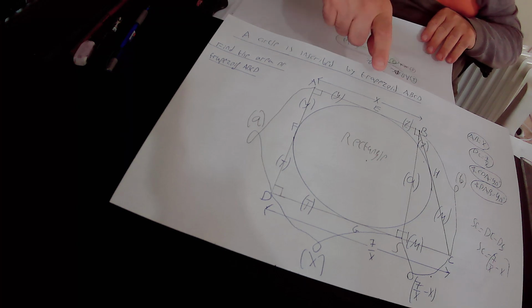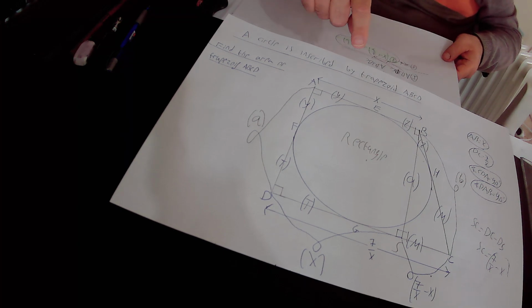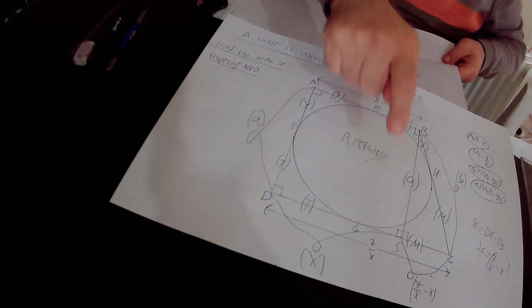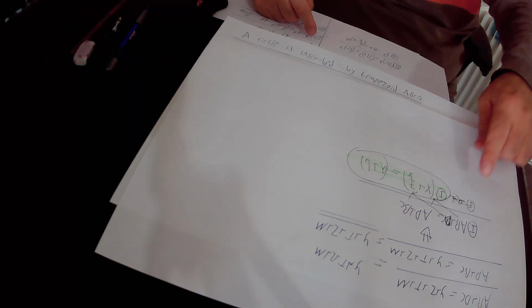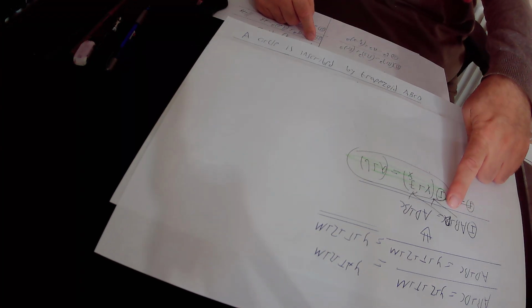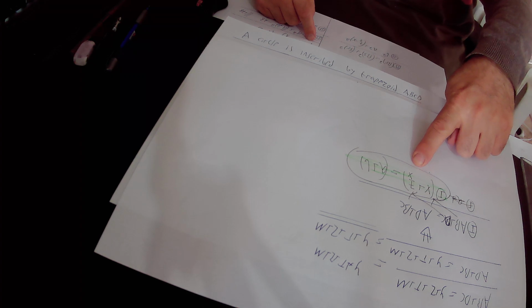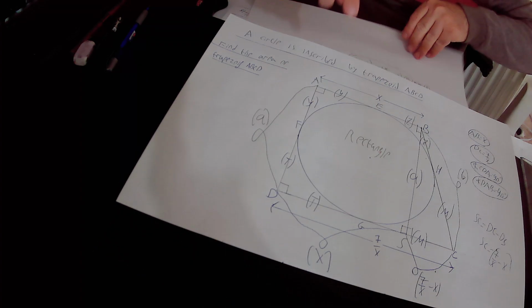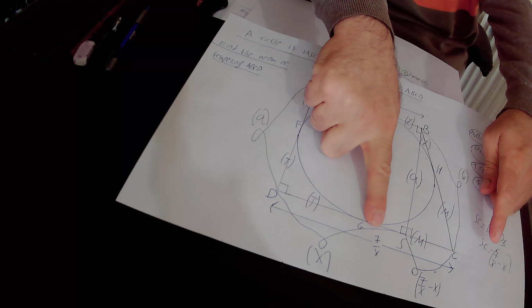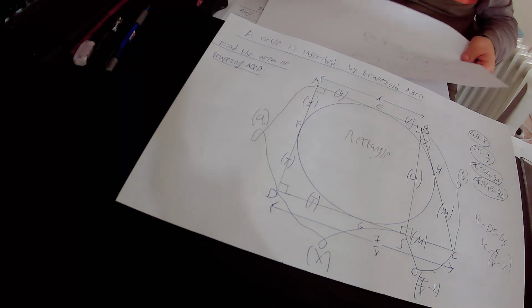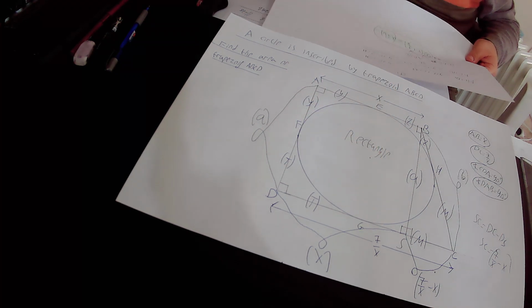AB is X and DC is 7 over X. BC is 7 over X according to what is given in the question, and it is equal to AD.